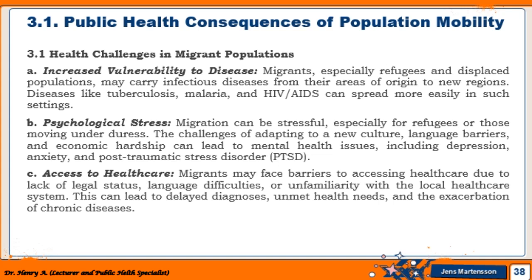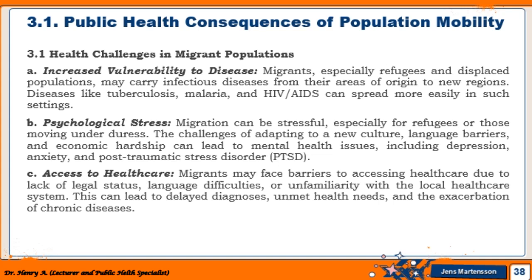See, migration, especially under duress, can lead to mental health issues such as anxiety. A lot of them have depression, and you see post-traumatic stress disorder following the wars, bombing and killings that they've experienced in their country before migrating under duress to another country.